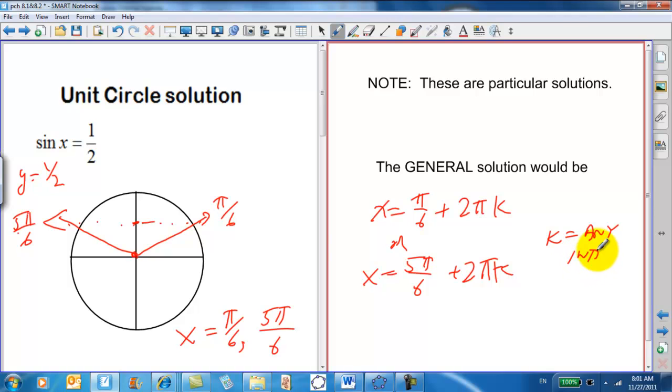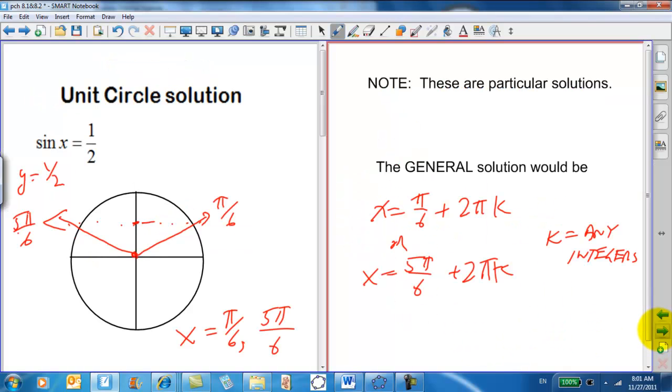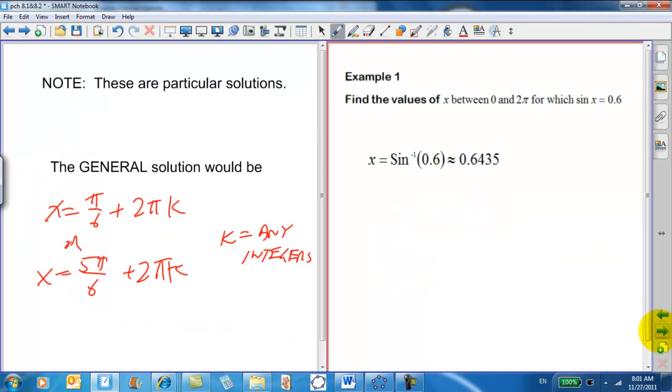So you keep on coming up with all the angles coterminal with pi over 6 and also coterminal with 5 pi over 6 for an infinite solution set. Now, in general, though, I'll be asking you for this limited solution set from 0 to 2 pi, once around the unit circle. But we'll come back to this idea when we start solving more complicated equations, that sometimes you get more than just two answers.